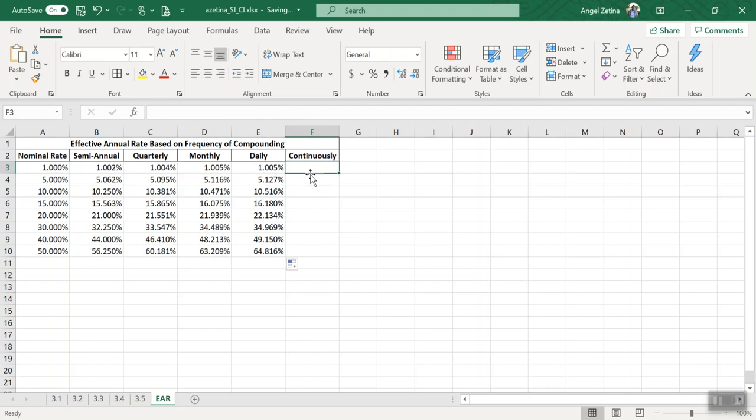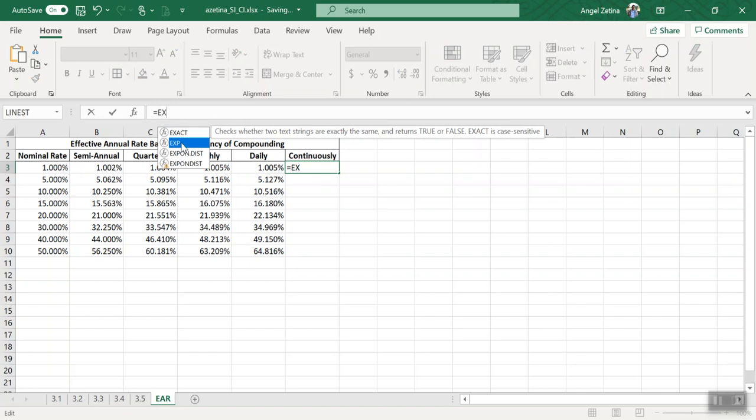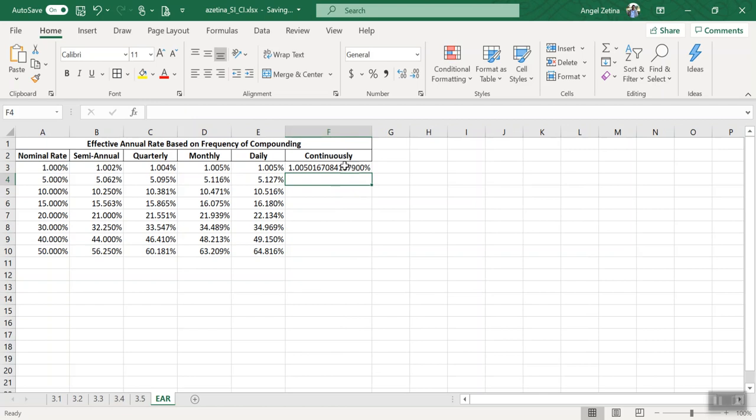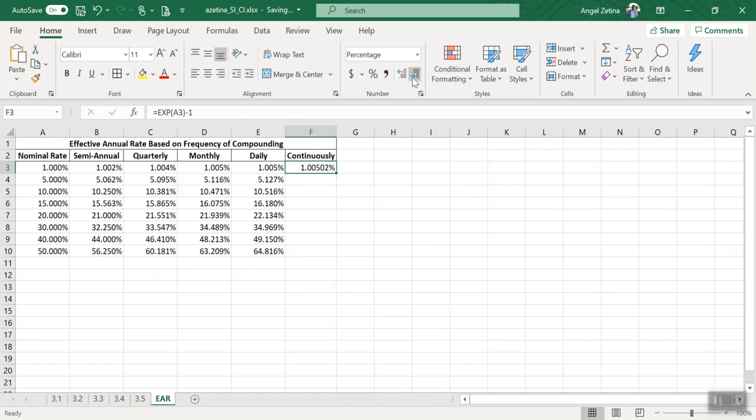So in this case, we will enter equals exp, and then we select the nominal rate, close parenthesis, minus 1. That simply means that the number is too big, so we can expand here, and we can decrease the decimal places, sorry, and then drag down.